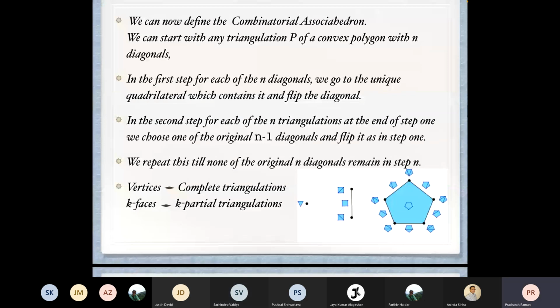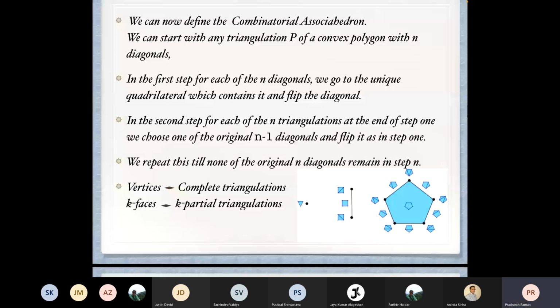The associahedron is a combinatorial polytope which has been well studied, and it's naturally associated to triangulations of convex polygons with n diagonals. There's an iterative definition where you start with any triangulation of an n-gon and you start flipping the diagonals. In the first step you can choose any of the n diagonals and do a flip.